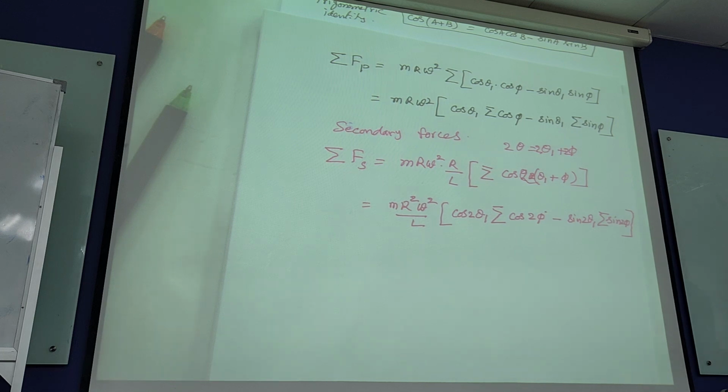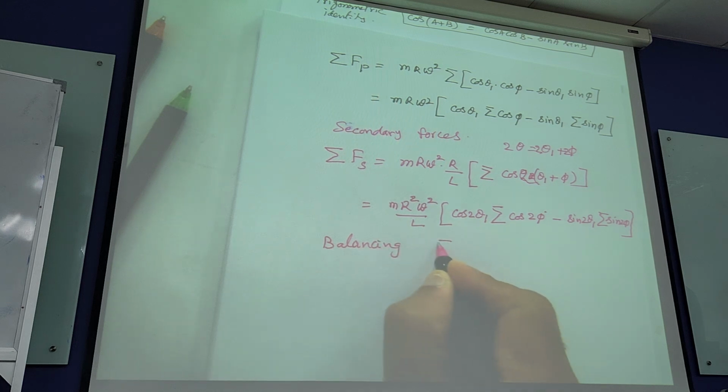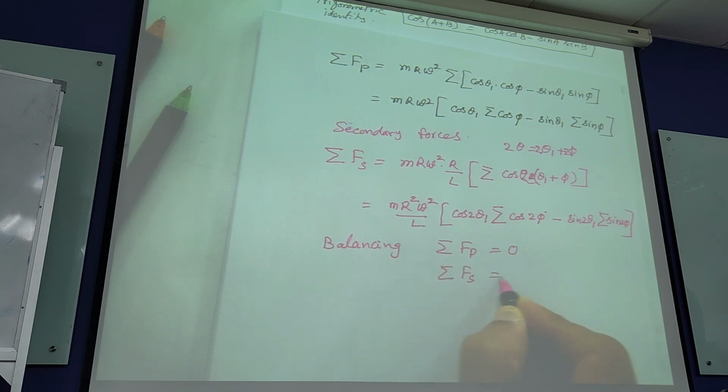Now, if we want the inline engine to be balanced, for complete balancing, the sum of the primary forces must be 0 and the sum of the secondary forces must be 0.